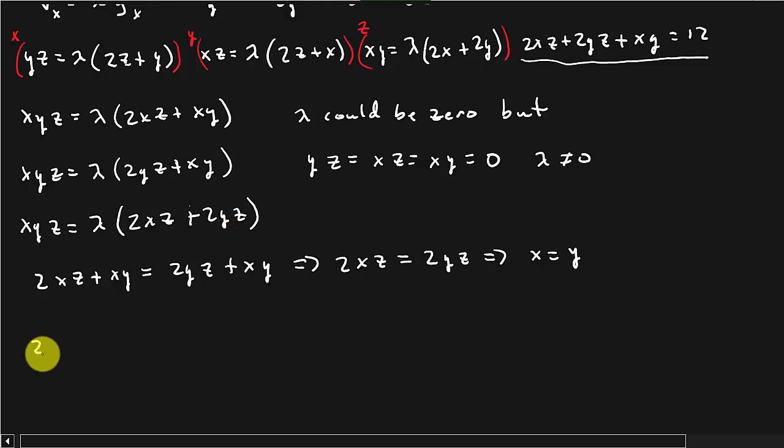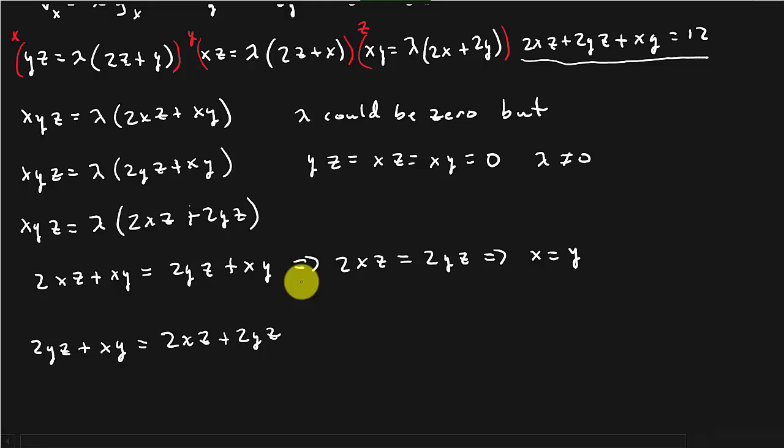You might be asking, why aren't you bringing the lambda down? Well, if I did bring the lambdas down, I could divide both sides by lambda, and they would just cancel out.